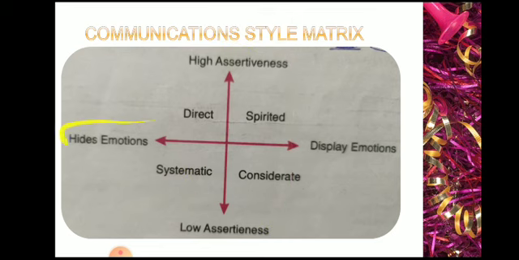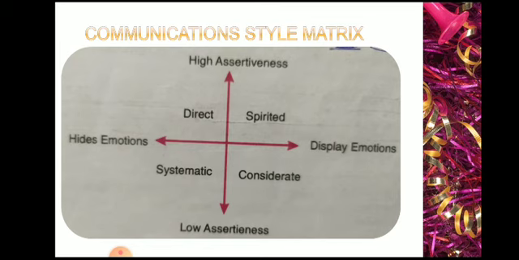The second dimension is expressiveness, which means whether you are expressing your emotions, or hiding your emotions, or displaying them clearly. So two general dimensions are there. But if you divide them into 1, 2, 3 and 4, they are called quadrants.